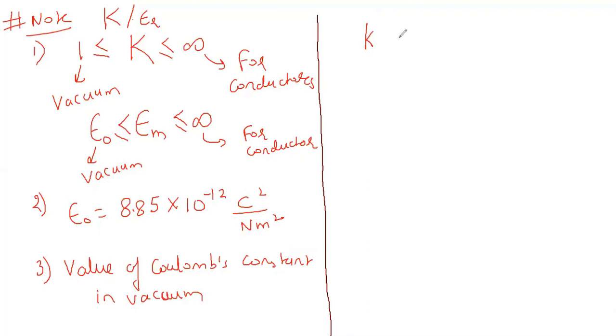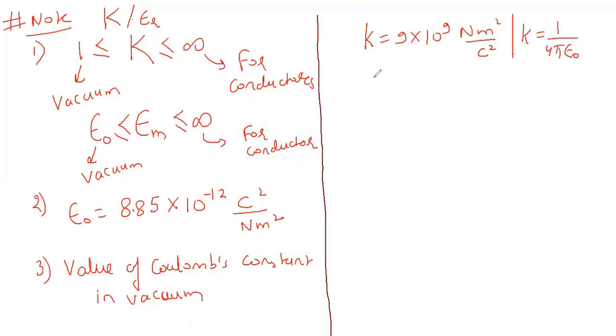Its value will be 9 into 10 raised to power 9 Newton meter square upon Coulomb square. We have got this value just by solving 1 upon 4 pi epsilon naught, and the value of epsilon naught we have got experimentally by performing experiments and calculating the value by following Coulomb's law.